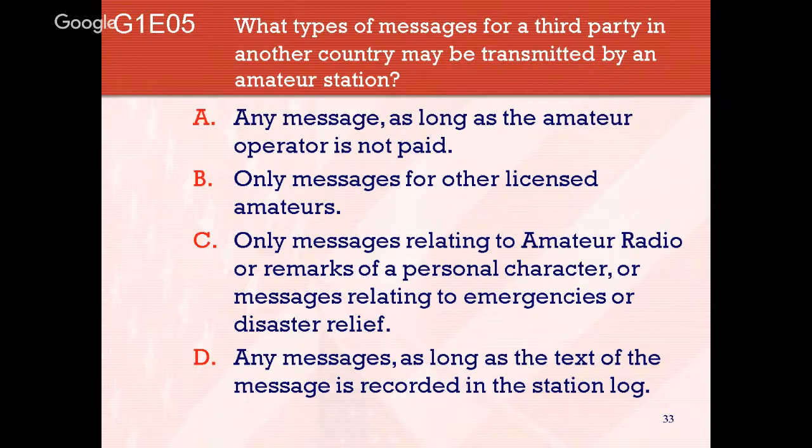Those aren't necessarily third party. A third party generally is a non-licensed person. But in actuality, the proper answer here is C, only messages relating to amateur radio or remarks of personal character or messages relating to emergencies or disaster relief.